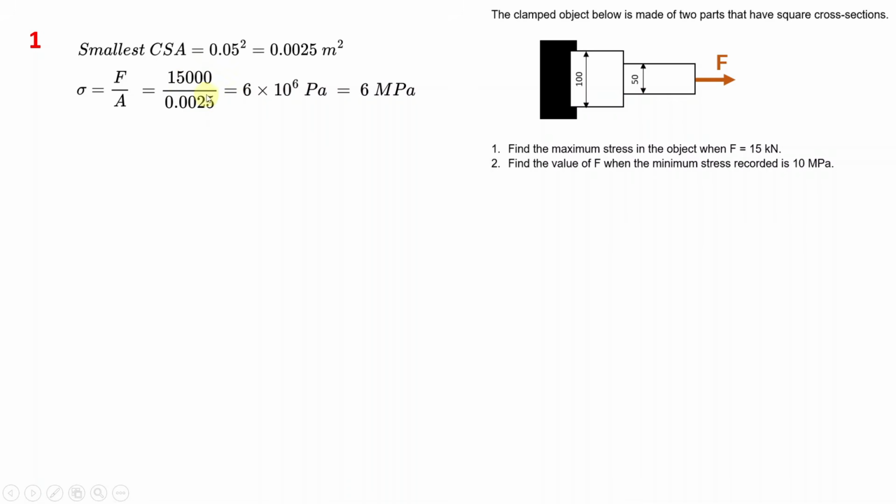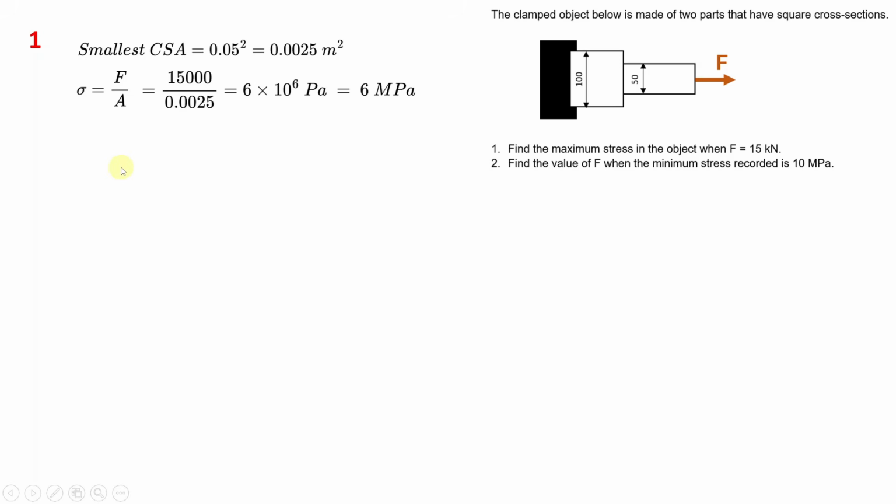Once we do the calculations, we find that our maximum stress is 6 megapascals when the force is 15 kilonewtons. So if you apply a force of 15 kilonewtons, the maximum stress that you will have in the object is actually 6 megapascals. I hope that is clear.